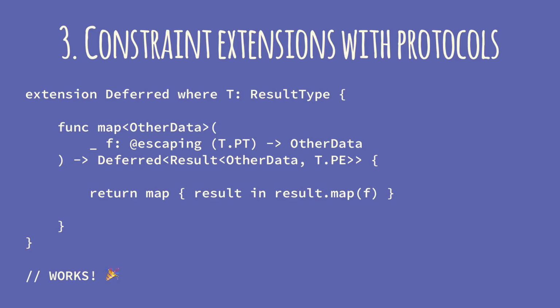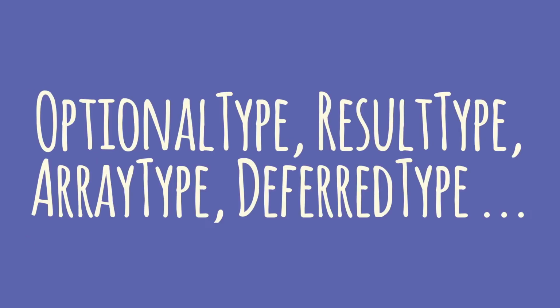And you can use the map function, because the map function was duplicated in the protocol. So this works. This is pretty awesome. Although there's one drawback. The drawback is that you need to write those protocols for every type that you are using, so for Optional, Array and so on.